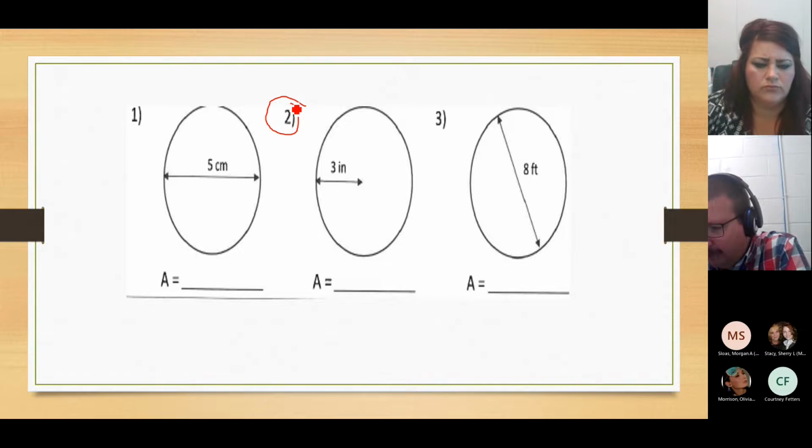Remember that, right beside your 7. Hit enter, and to get the decimal, it's the button up above the enter. 28.27 for number 2, if they gave you the radius.